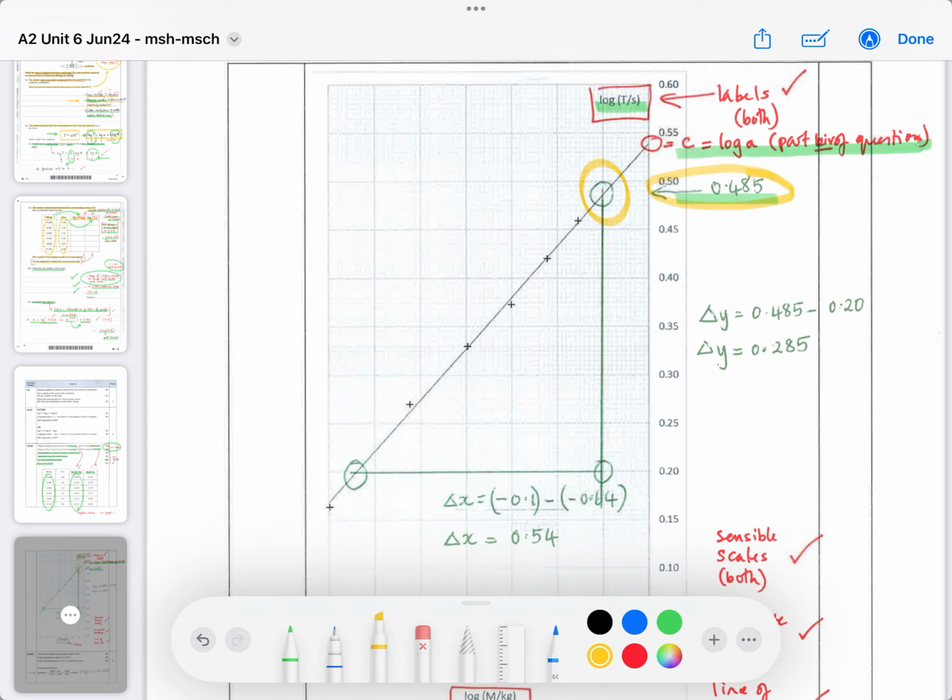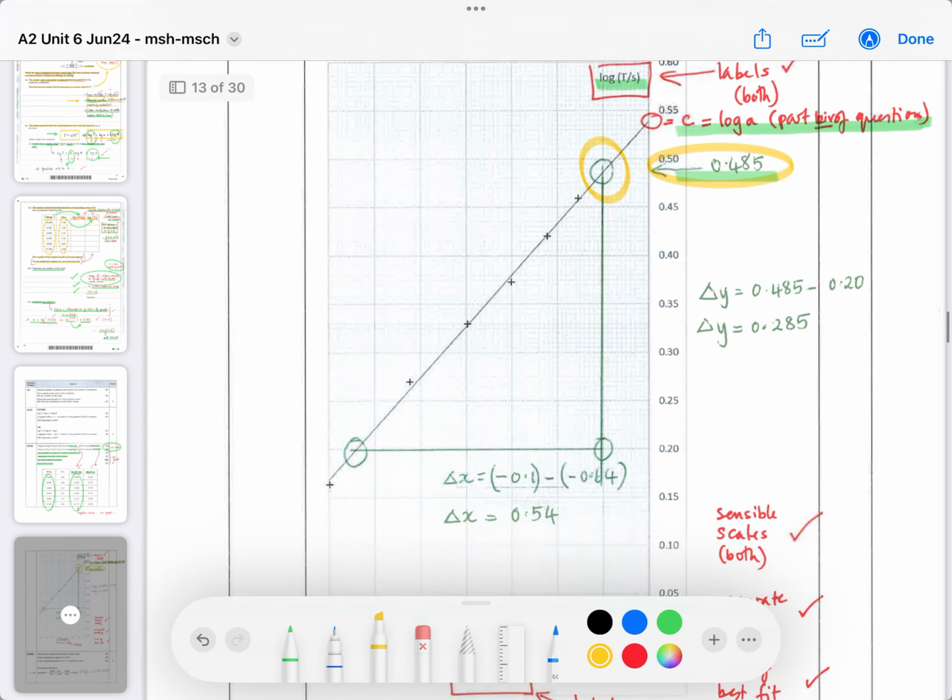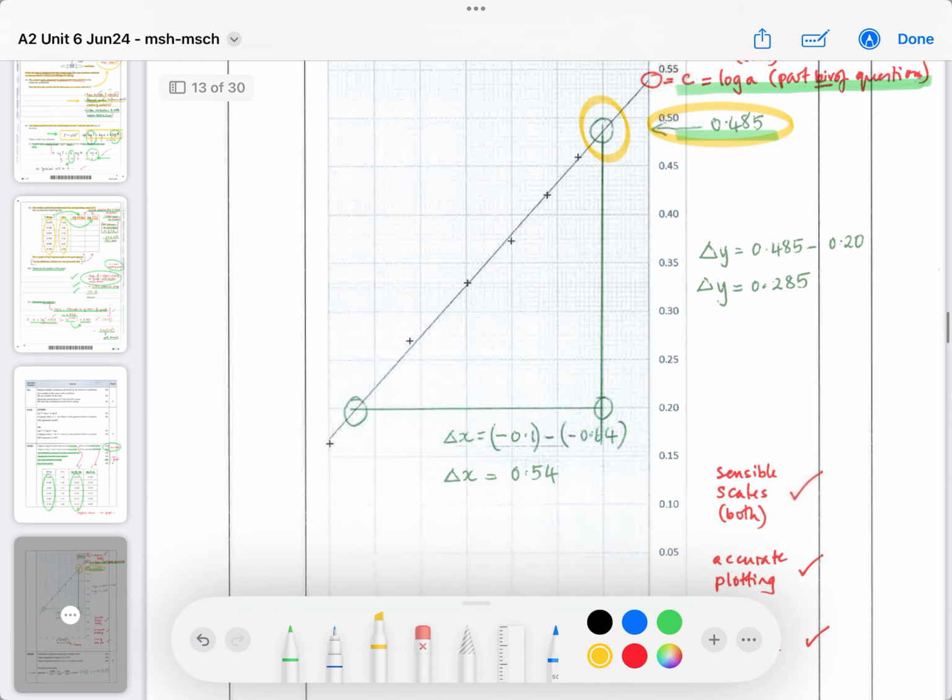Okay, that's what they read it off as. Difficult on this small graph, but that's what they're putting on. Presumably they had a big graph and in the mark scheme they made it smaller for the sake of their examiner's paperwork. And then you show your delta y here. So 0.485 minus the value at the bottom of the big triangle, 0.20. So there's your delta y value. And here's your delta x value, obviously from here.